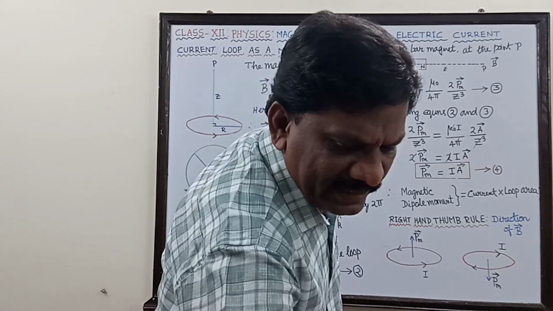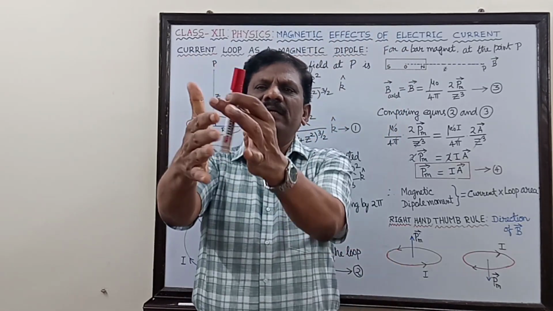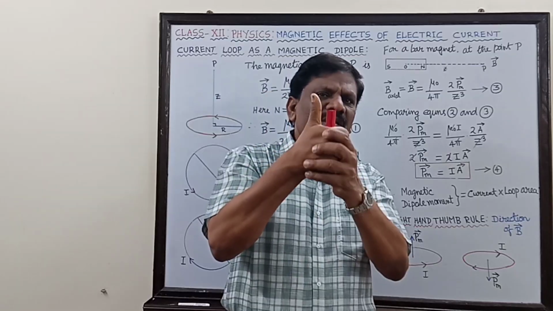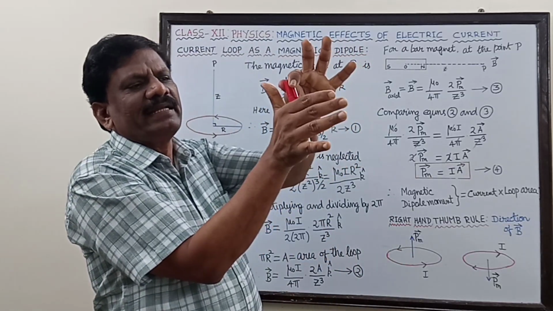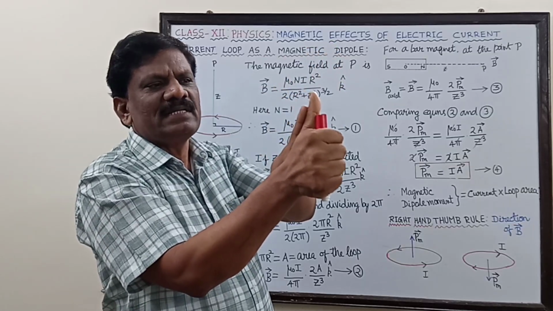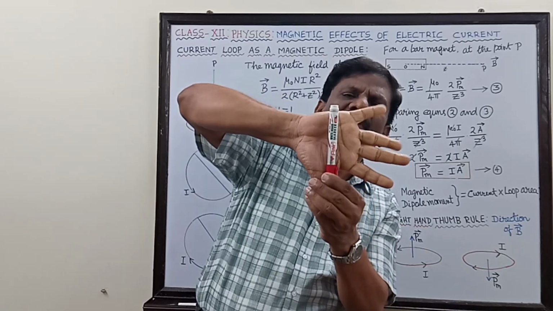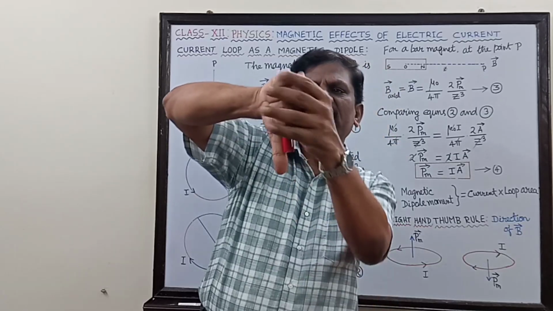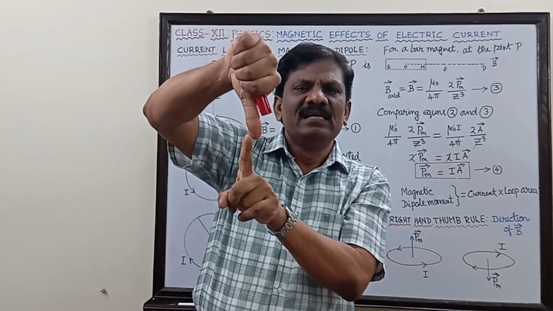Already we have studied the right hand thumb rule. Hold a current carrying conductor in your right hand. If the curling fingers around the conductor are anti-clockwise, then the field will be upwards. Then reverse it. If the curling fingers around the conductor are clockwise, then the magnetic field is downwards.